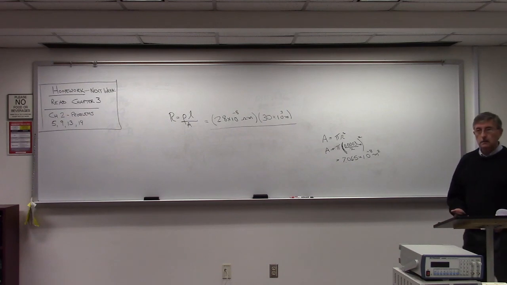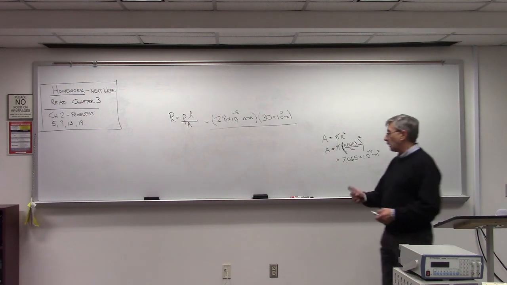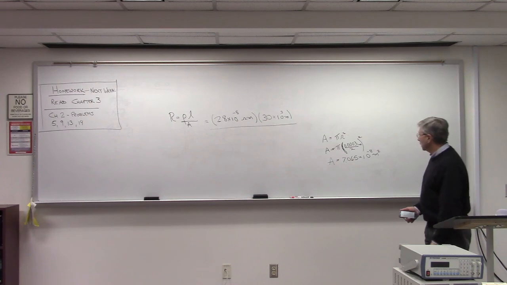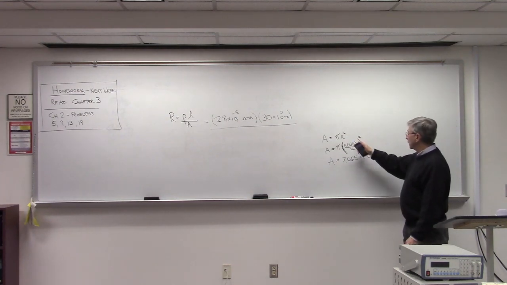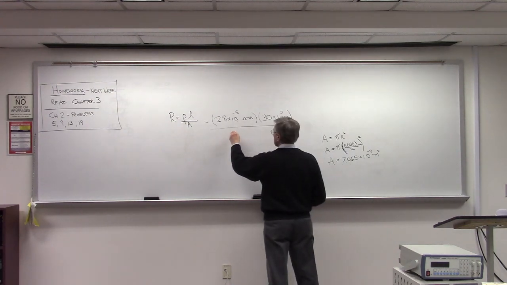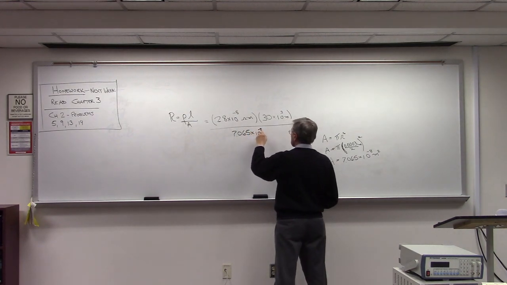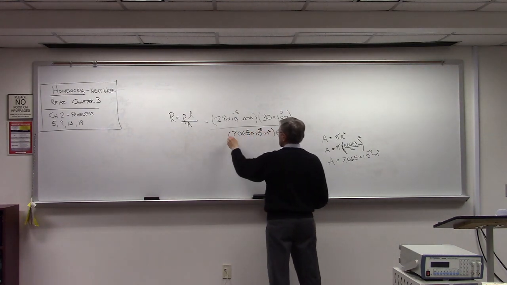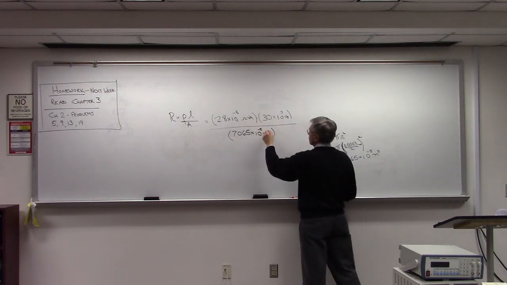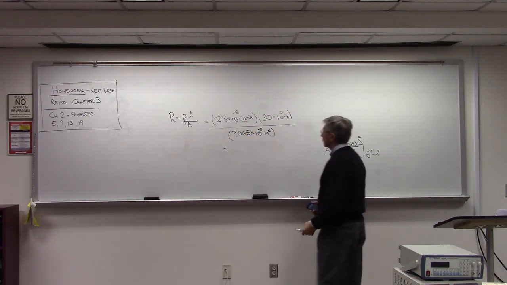Is that what you got? 7.065 times 10 to the minus 8? Okay, so we have a little bit of a side calculation going on. This diameter equals this area, which now we can put in. So meters times meters equals meters squared. We have ohms remaining, and that gives us what?